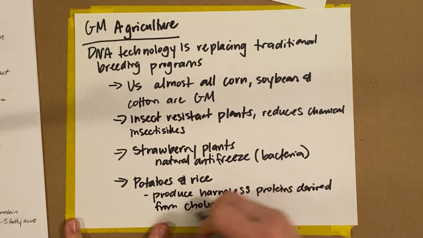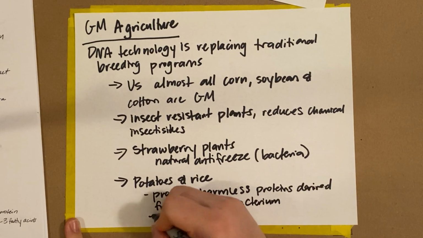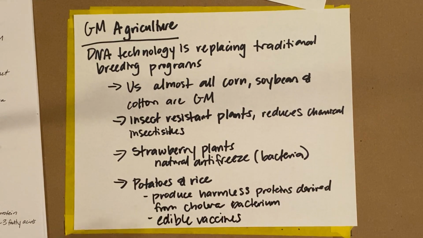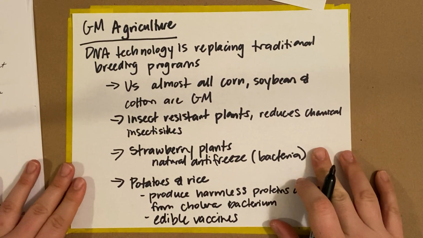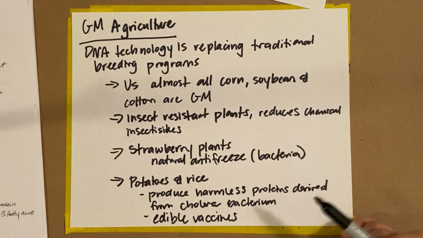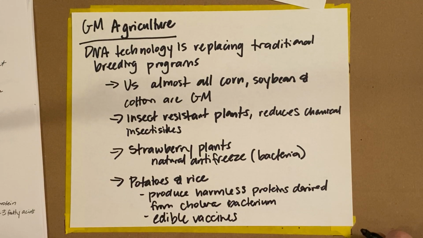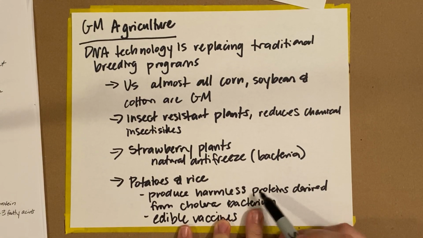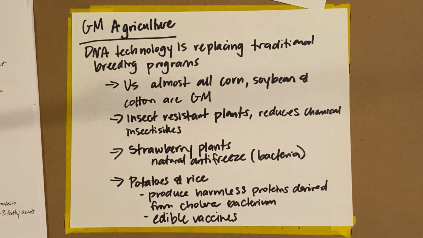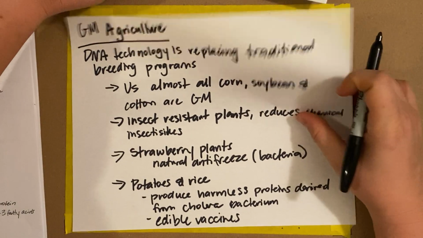So these are basically edible vaccines. Okay, vaccinations are difficult to give to people in developing countries. It costs a lot of money, but if you can produce food that has the edible vaccines in them, and expose these usually children to the harmless derived characters of the cholera, then the children will have immunity built up and will be immune to cholera and not die of it if it happens, okay?